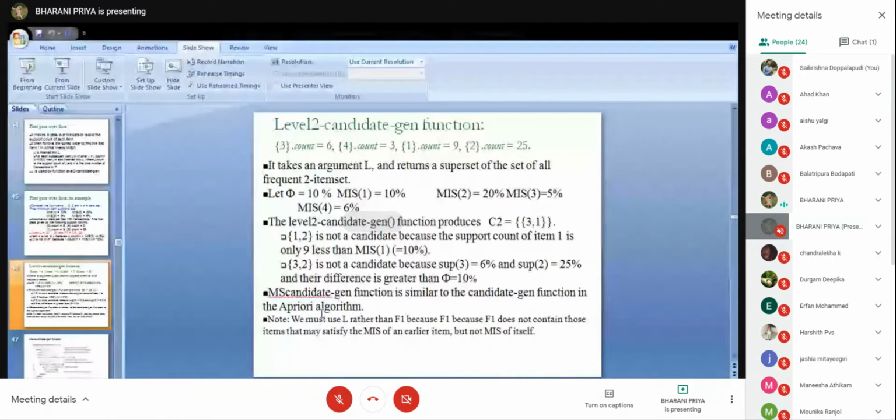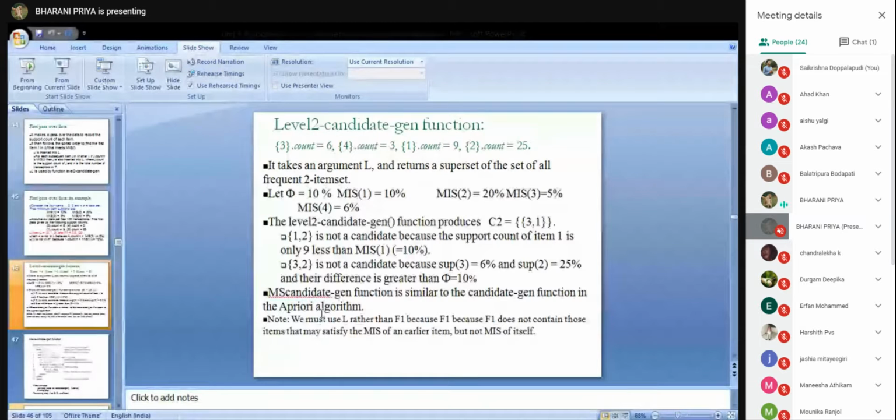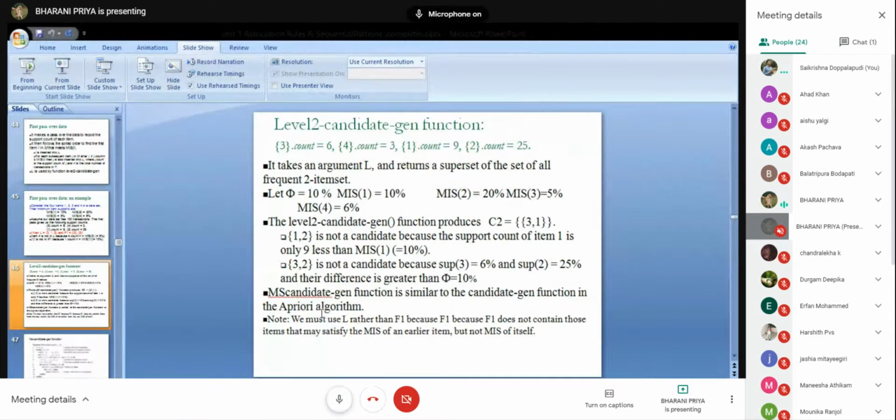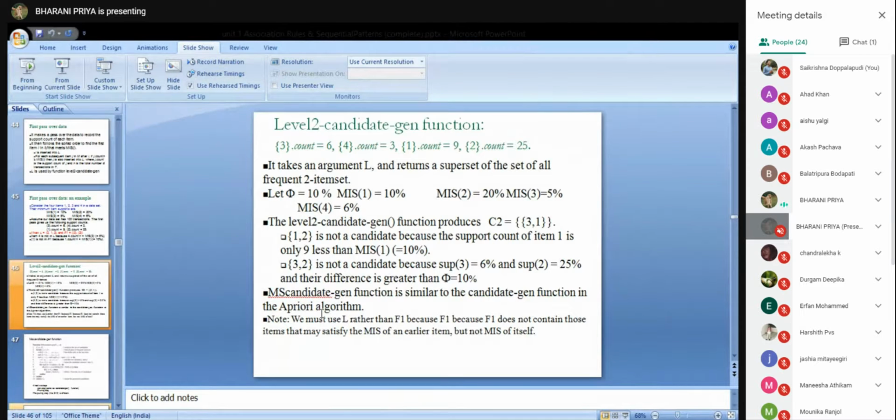Any other doubts? What is the difference between the general Apriori algorithm and this minimum item support algorithm? In the first stage, for generating the frequent item sets, the first step is to sort the items according to their MIS values. Then you need to find the frequent item sets from the L value. So before finding the one item set F1, you are finding the L values.